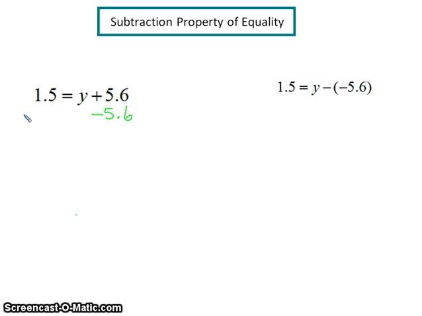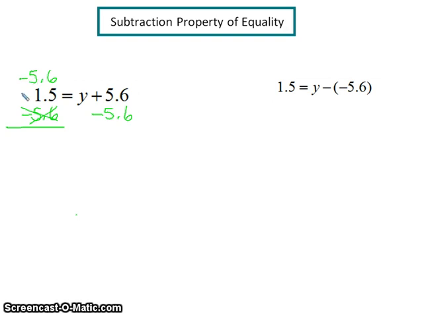Now I'm going to encounter a problem if I put my 5.6 here. So to make this a little easier, I'm going to place it above 1.5. The absolute value of negative 5.6 is greater than the absolute value of 1.5. So you want to subtract the numbers that way.